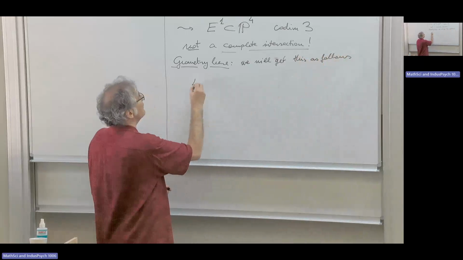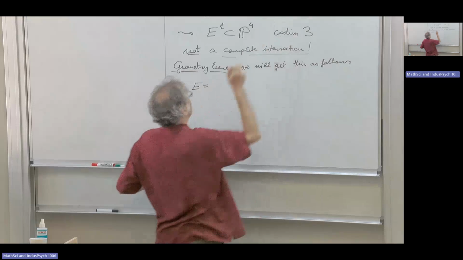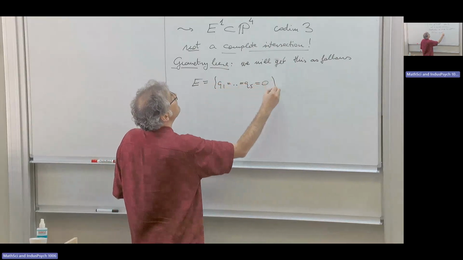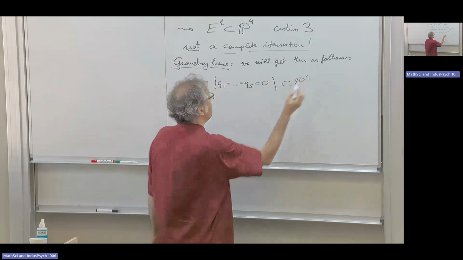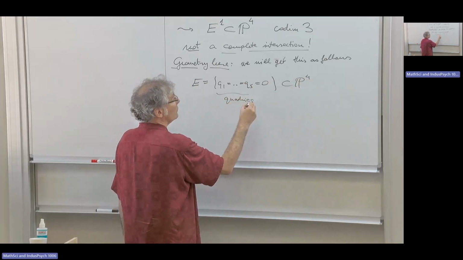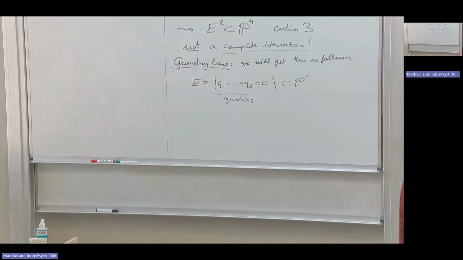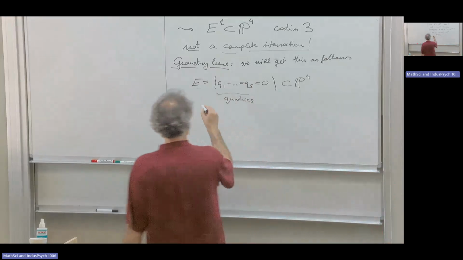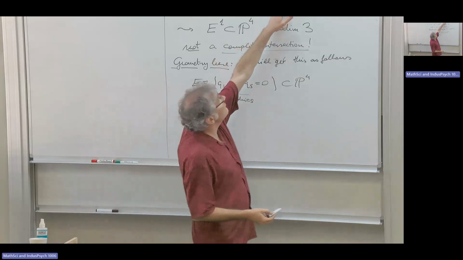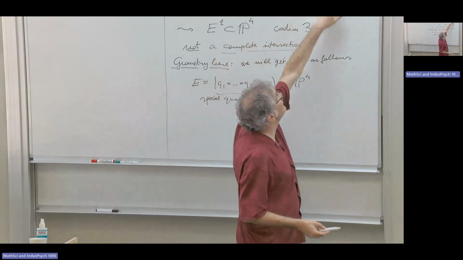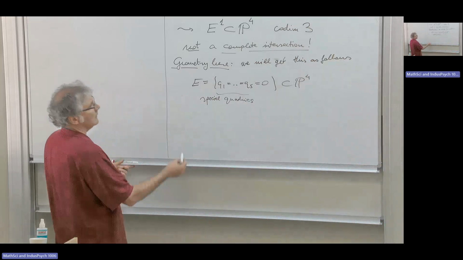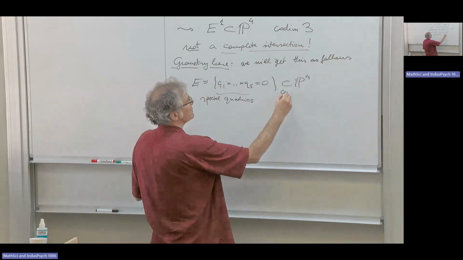We have that the elliptic curve is given by 5 quadrics, Q1 through Q5 equals 0 inside P4. These are suitably chosen quadrics. Now, for general quadrics, you will not get an elliptic curve, but some special quadrics. And then there are 5 generators, and then 5 syzygies, and then one of these higher syzygies. And this is in codimension 3.